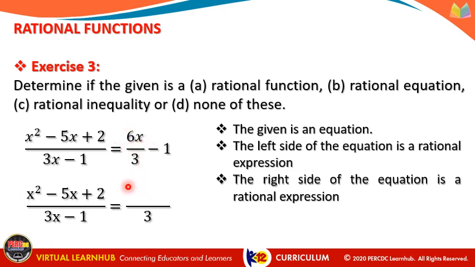So, lagay natin dito 6x. And then, 3 divided by 1 is 3 multiplied by negative 1. You have negative 3. Thus, let us put here minus 3. So, yun nga, kapag nag-a-add ka or nagsusubtract ka ng mga rational expressions, if you combine them, you will also get a rational expression. So, pwede naman na hindi na natin i-combine basta clear sa atin yan.